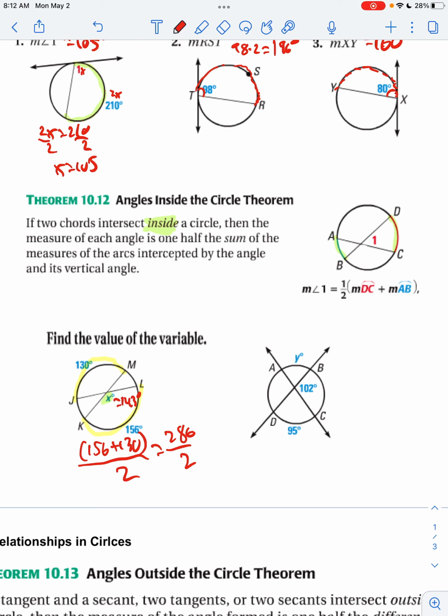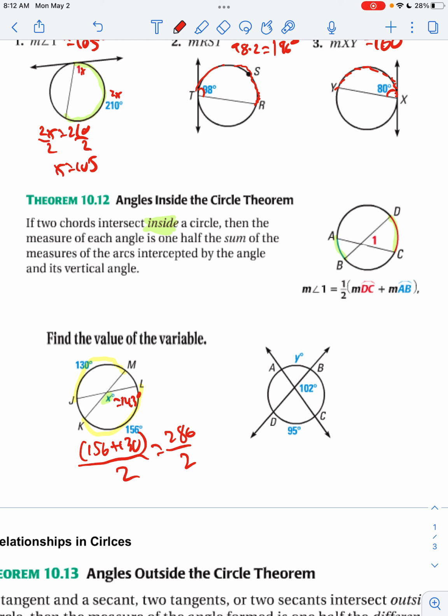All right, so I'm going to look at this other example and say, all right, so Y is on the outside this time. So I know that this arc right here is 95. I'm not 100% sure what this arc is yet.